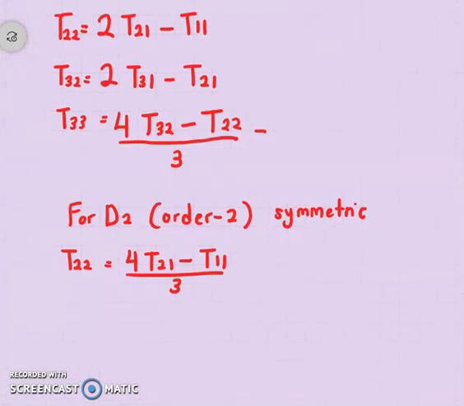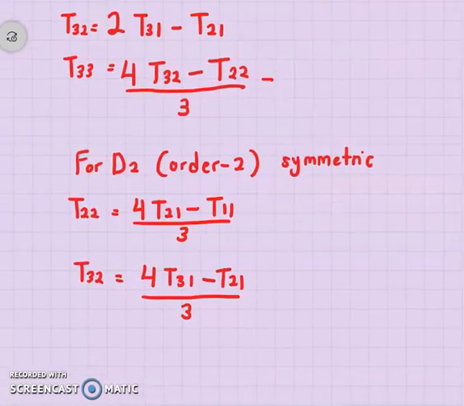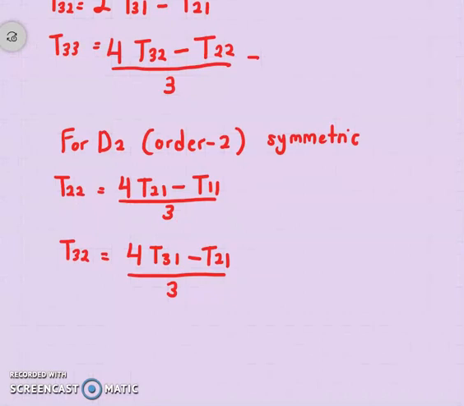To find T32, I will have 4 T31 minus T21, divided by 3. And then to find T33, I will have 16 times T32 minus T22, divided by 15.